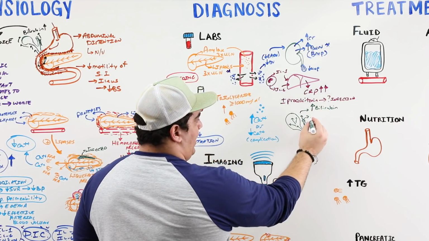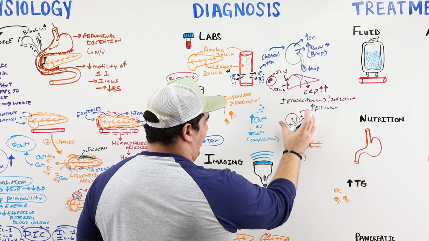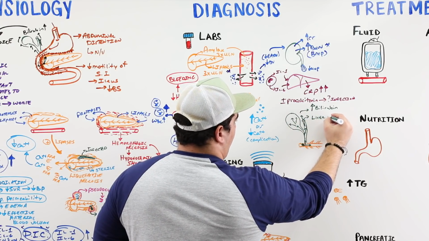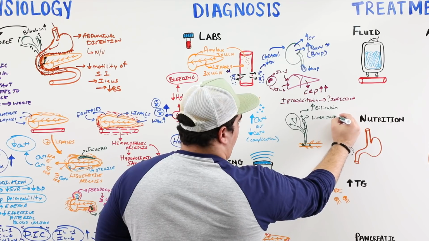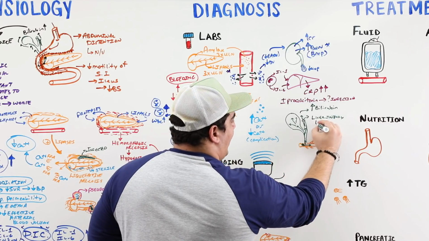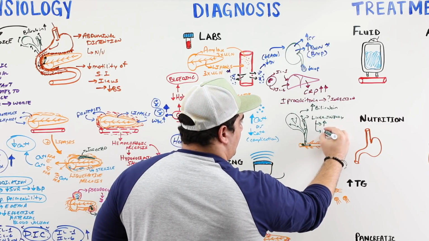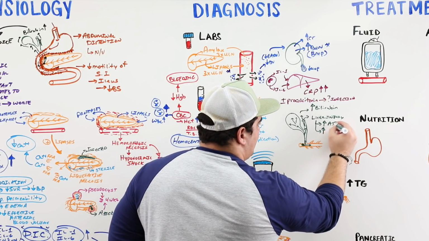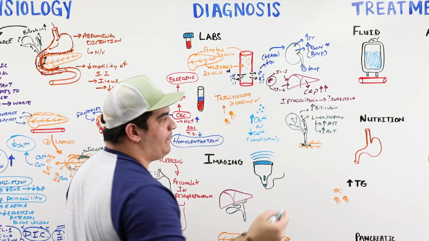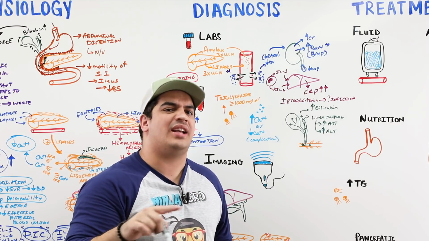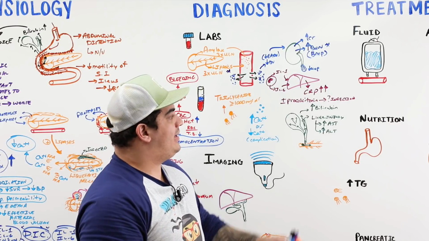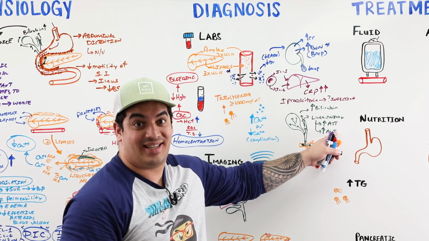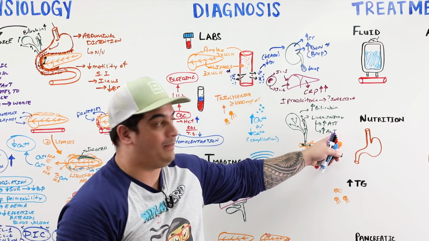And if enough of the bile starts backing up, and it actually causes liver injury from all of the pressure, from all of this kind of blockage here, that could lead to an increase in what other things? Liver enzymes. What are the liver enzymes that could be indicative of liver injury? AST and ALT. So another thing that I could do to see, is this maybe related to the gallstones, is I could check a bilirubin, and I could also check their AST and ALT to see if the liver has any kind of involvement here.